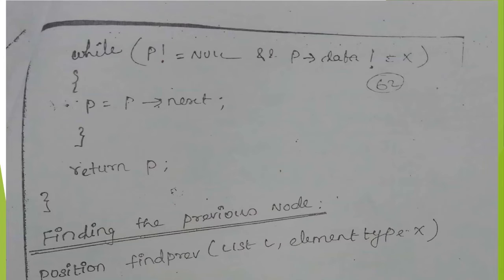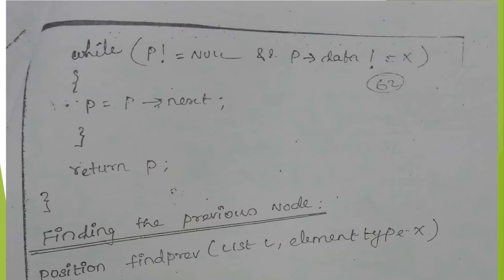If P is not equal to null, that means the list contains nodes, and we should check whether the input X is equal to P's data. If P is not null and input X is not equal to P's data, we should continue the loop because that P is not the node to find.